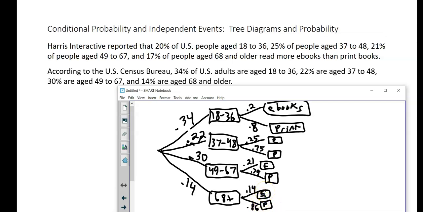Okay, so now we're going to go ahead, and they don't tell us to do this, but I'm telling you, it's a great idea to do this. You want to multiply 0.34 times 0.2. That's 0.068, I think. This one, you want to multiply 0.34 times 0.8.